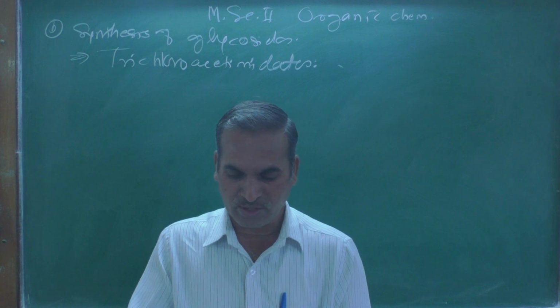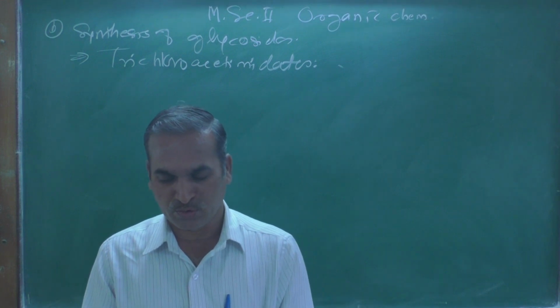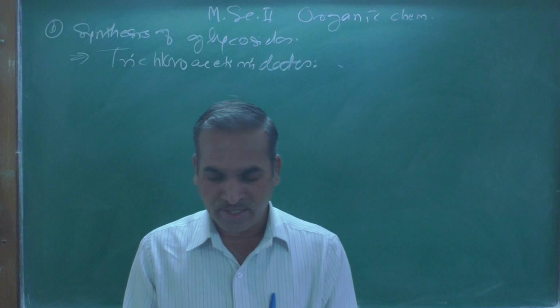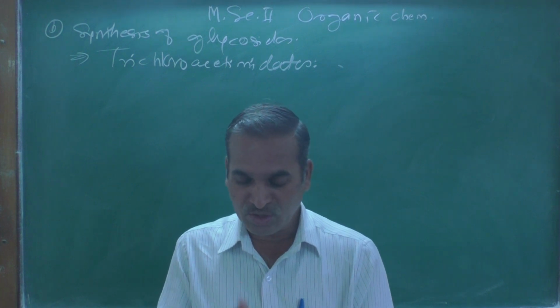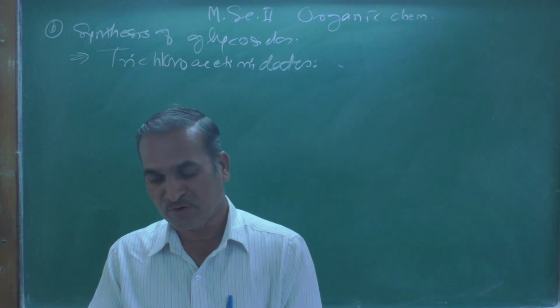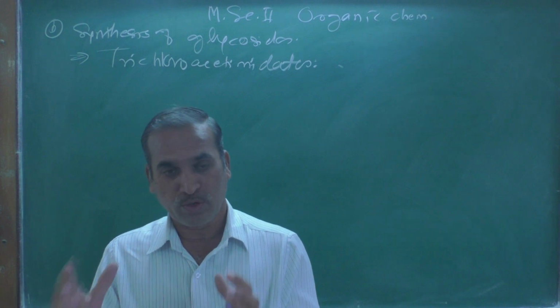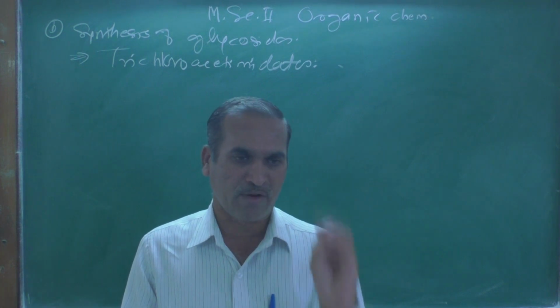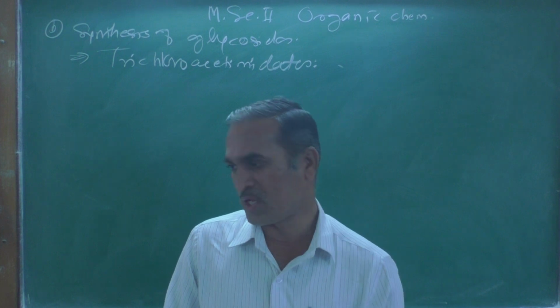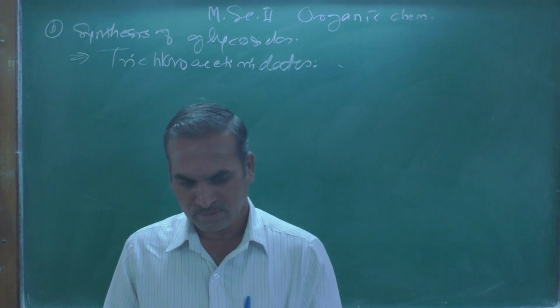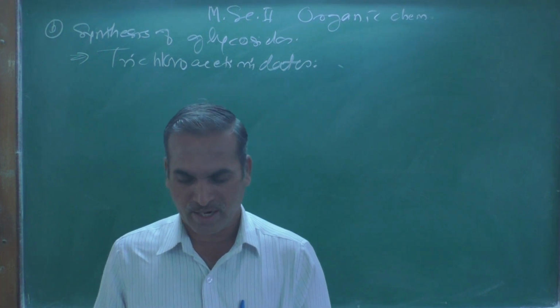acceptors with more than one free OH group are used, high regioselectivity is obtained because of the different reactivity of the OH groups, because a number of different hydroxyl groups are present in that monosaccharide unit.